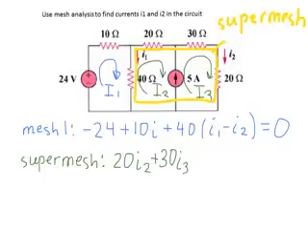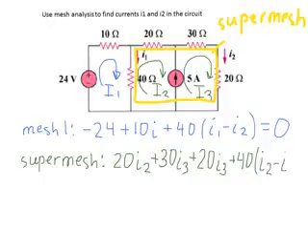Then moving to the next resistor, which is 20 ohms, so we put plus 20 I3, and the last resistor is 40, so plus 40, and again there are two currents, the current I2 going this way and I1 going the opposite direction. So we put I2 minus I1 equals 0.